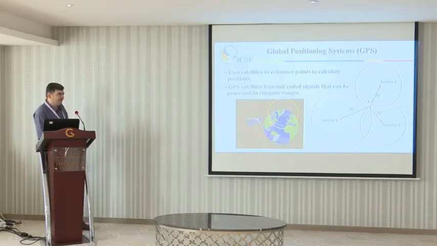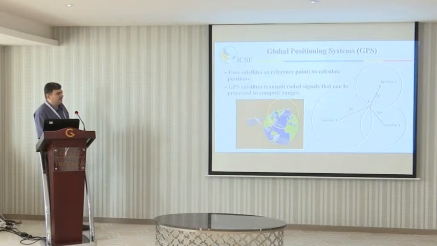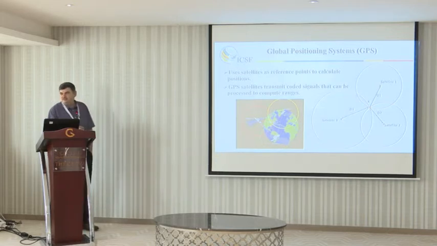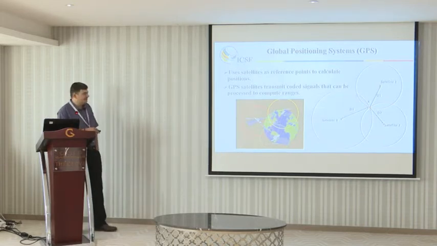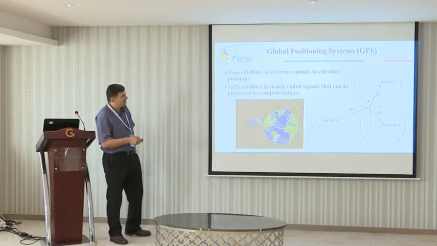The basic theory behind the GPS was taken from surveying. We call it resection in surveying, where you can define your location by knowing your distance to known points. So in this case, if I know my distance to this known point, I'm sure that I am on the perimeter of a circle centered on that point, with a radius of the distance.